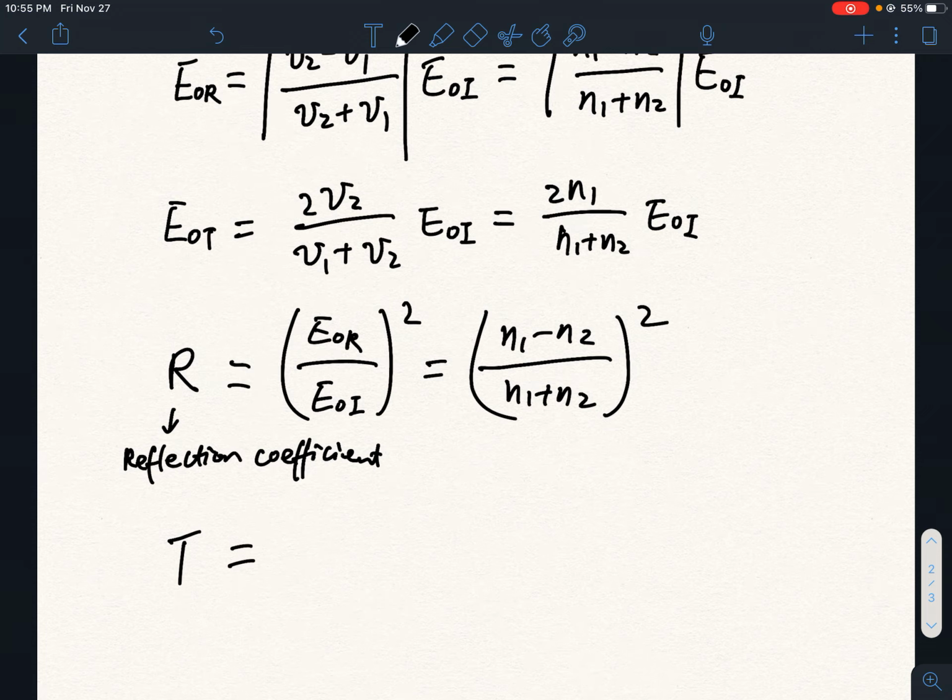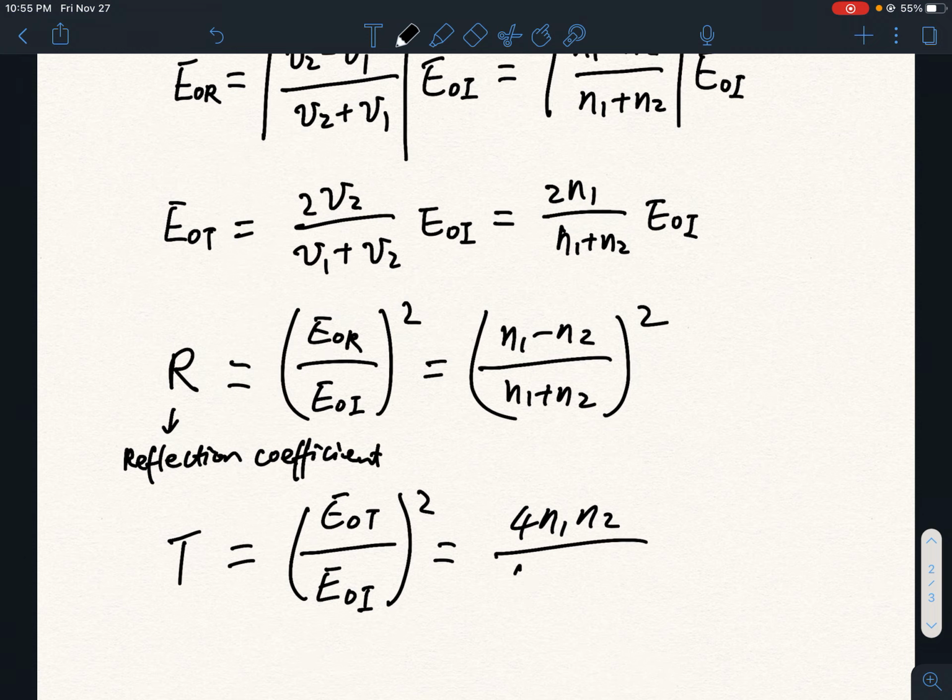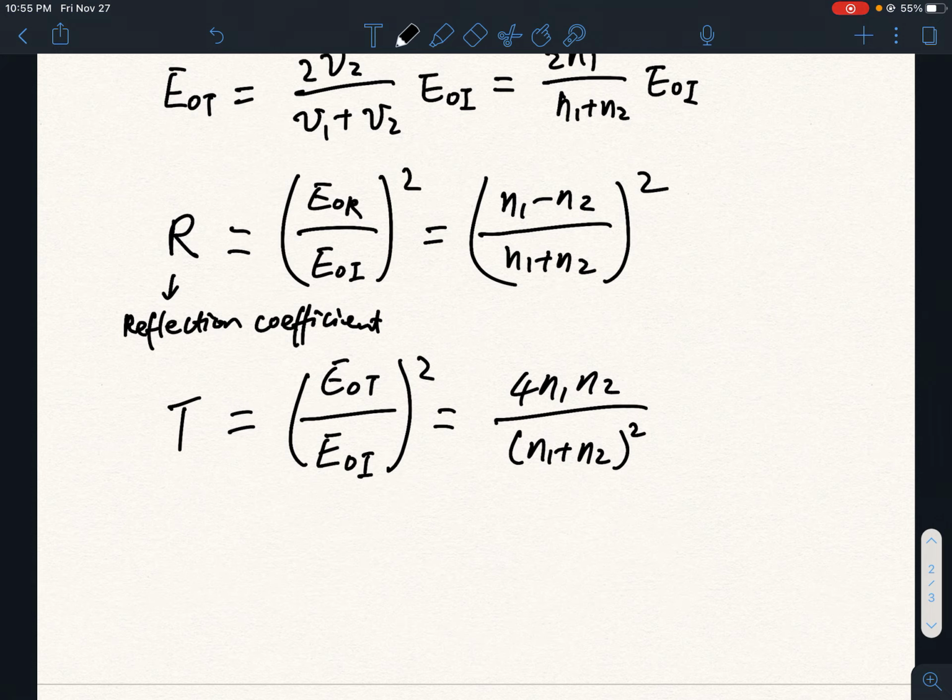We also define the transmission coefficient, T, which becomes 4 N1 N2 divided by (N1 plus N2) squared. So from here we get R plus T equals 1, which certainly should be the case because energy is conserved. The incident wave energy should equal the sum of the energy of the transmitted wave and the reflected wave.